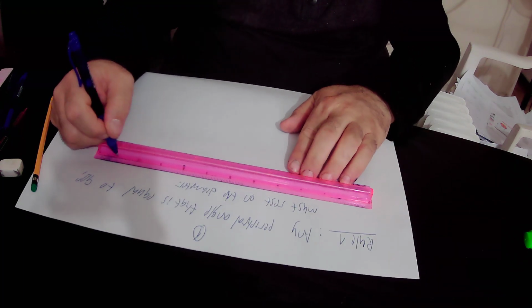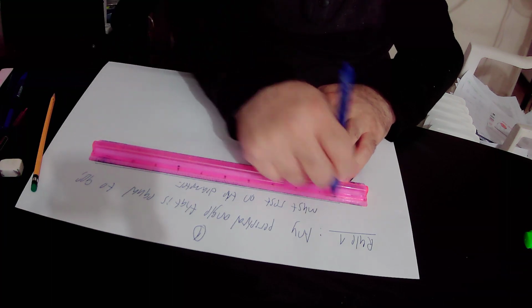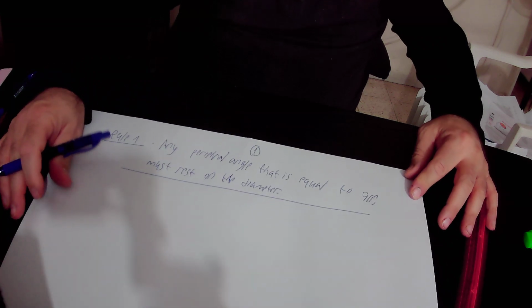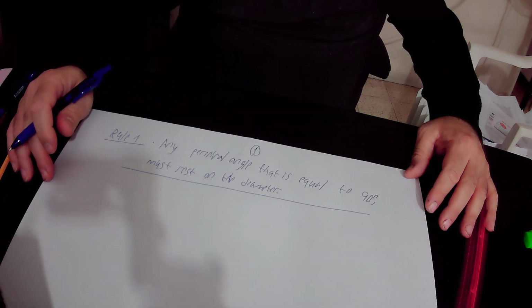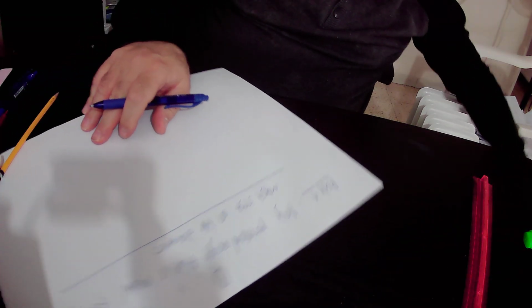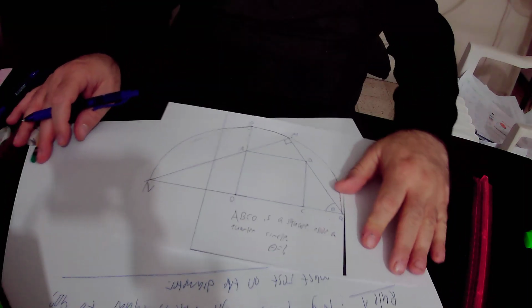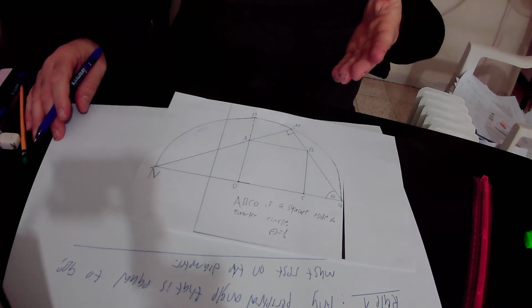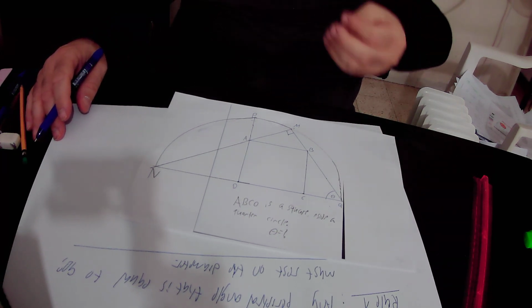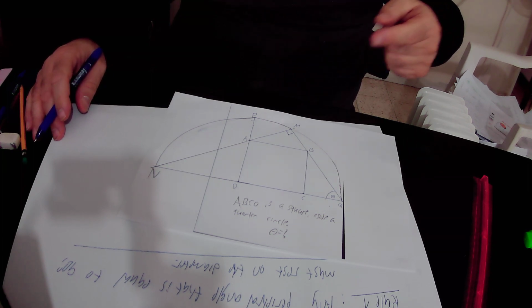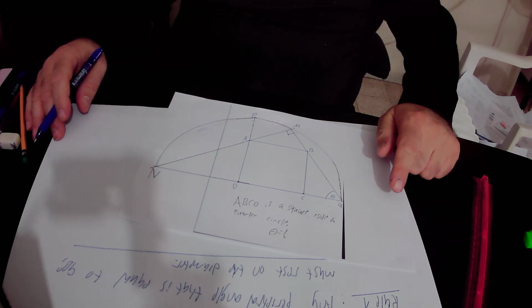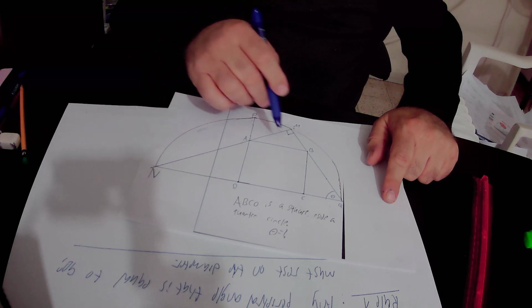I'll read rule number 1 again. According to rule number 1, any peripheral angle that is equal to 90 degrees must rest on the diameter. So here we have the peripheral angle NMQ that is equal to 90 degrees. Therefore, according to rule number 1, this peripheral angle must rest on the diameter. That is to say, angle NMQ rests on NQ.